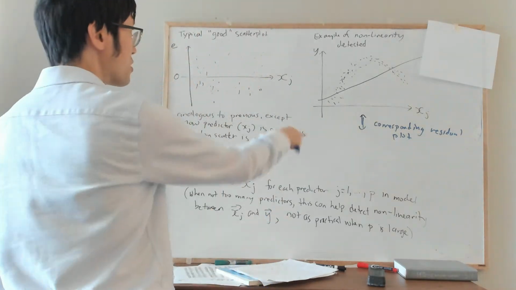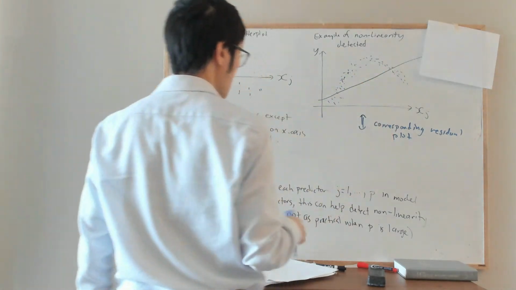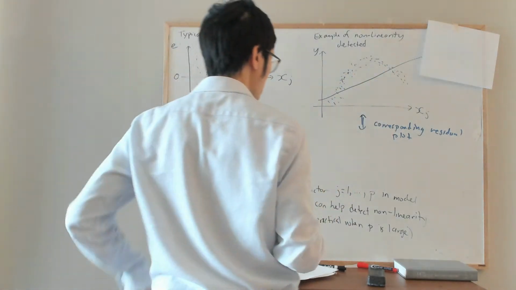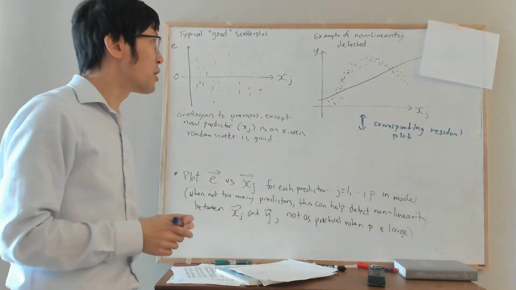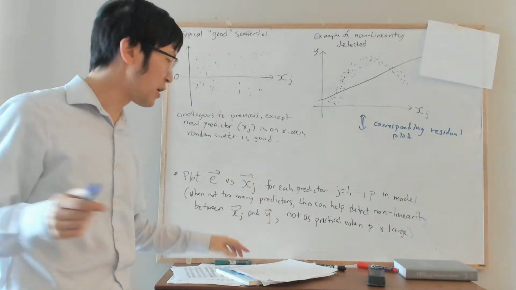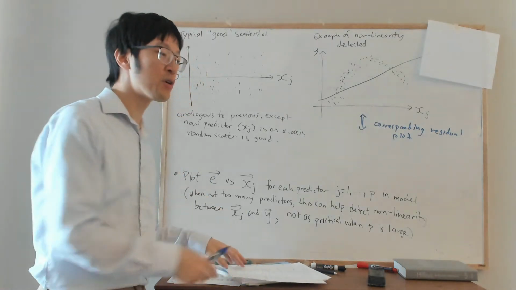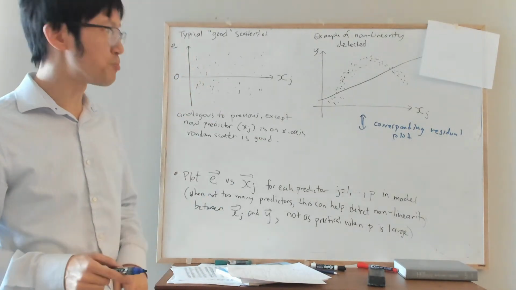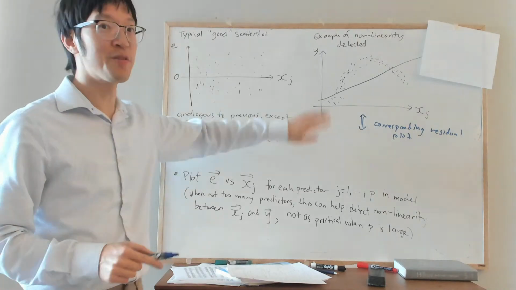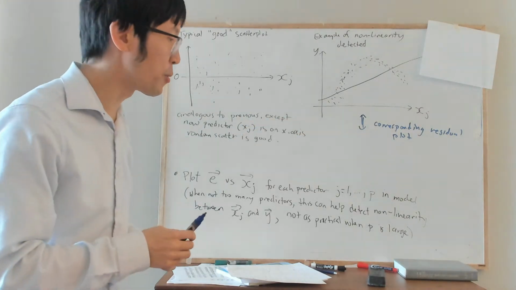When there's an egregious violation, you will see a very strong pattern on the plot. If there's just a few points and it's not super obvious, then we shouldn't be too worried. But if we see systematically that it's very egregious, then that's something we probably want to deal with.